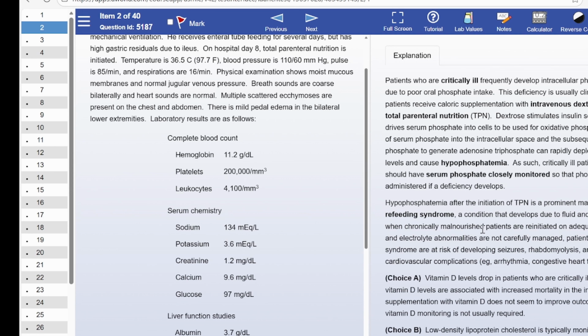And try not to miss reading the explanations of the correct answers also, because there might be some important information which you may not know. And make sure to make notes of all the important information in this note section over here so that you can use those notes to revise during exam times.